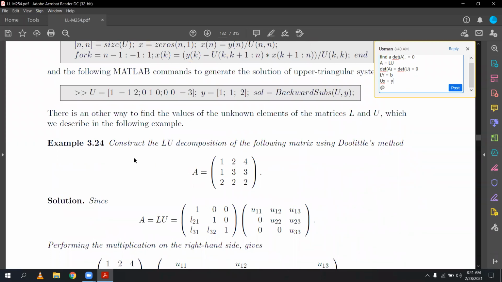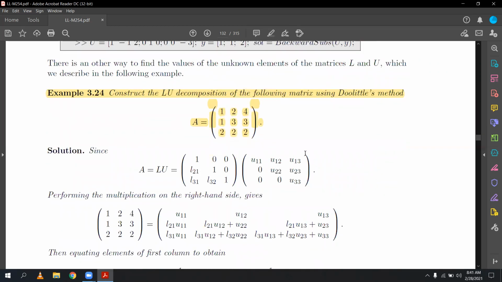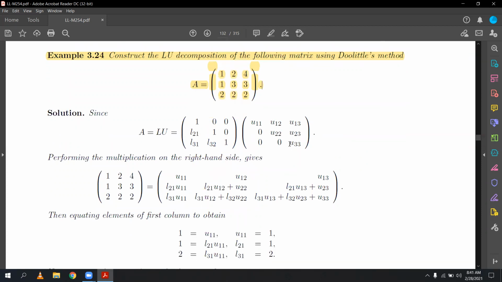This is the example I give by direct multiplication, which I never advise you to use, but I will mention it here now. I'm not using simple Gauss elimination. I'm using direct multiplication. You have L and U, the unknown elements of L are these and the unknown elements of U are these.